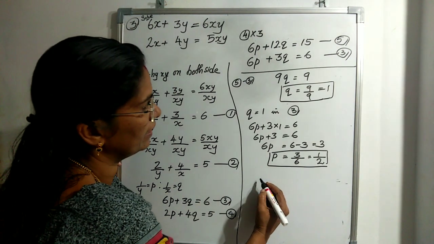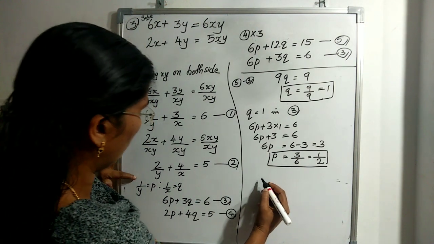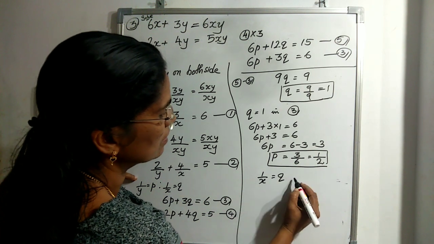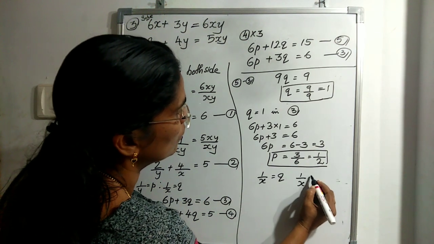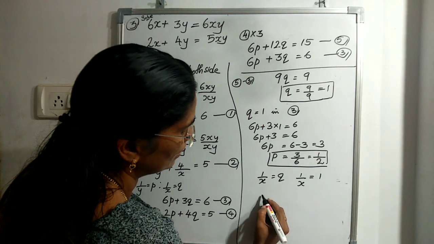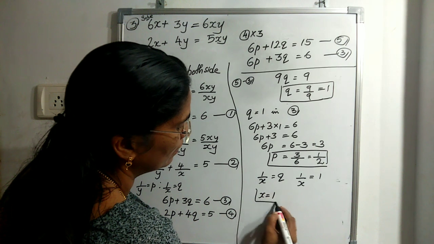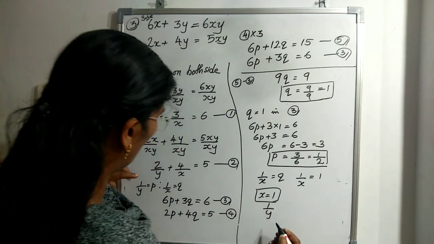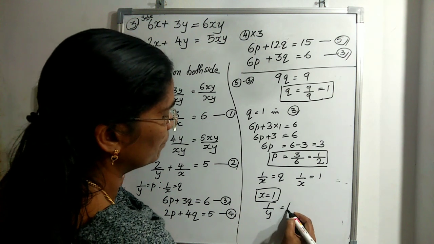So we have to find x. 1 by x is equal to q. That is 1 by x is equal to q value, which is 1. After cross multiplying you will get x equal to 1. That is the x value. Like this, 1 by y is equal to p.